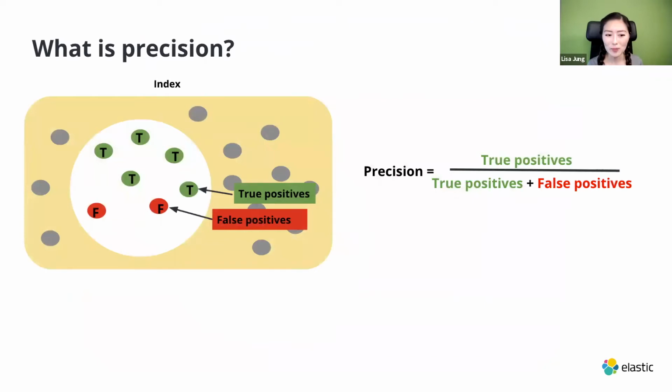So earlier, I mentioned that precision and recall are used to measure the relevance of a search engine. The term precision has to do with dots inside the white circle, and these are documents that are returned as search results. So precision is calculated by true positives divided by the sum of true positives and false positives.